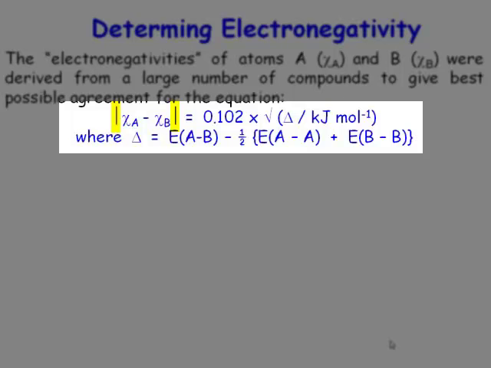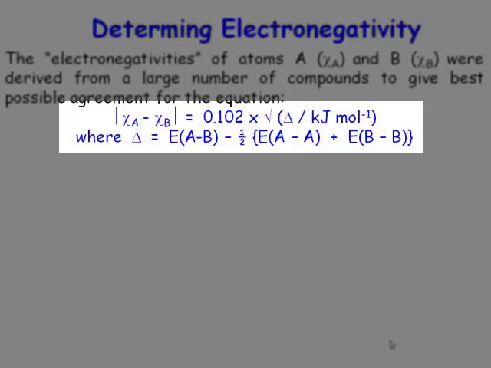The modulus of the difference between the two electronegativities is equal to a factor here, 0.102. That is a scaling factor to reflect the modern units of kilojoules per mole. When Pauling was working on this, he was using the units of electron volts. So the modulus of this is equal to 0.102 times the square root of delta.